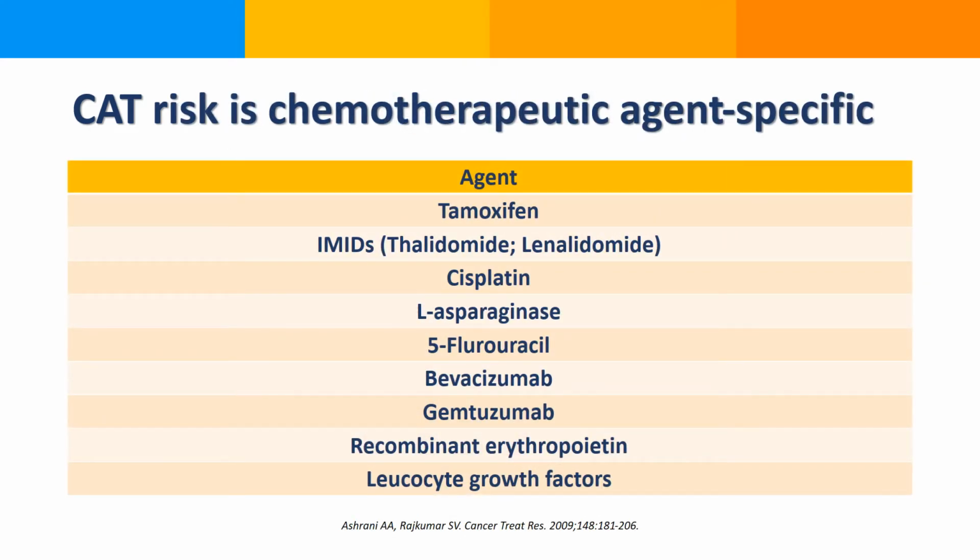CAT risk is well known to be chemotherapeutic agent specific, being highest with tamoxifen, thalidomide, lenalidomide, cisplatin, L-asparaginase, 5-fluorouracil, bevacizumab, gemtuzumab, recombinant erythropoietin, and leukocyte growth factors.